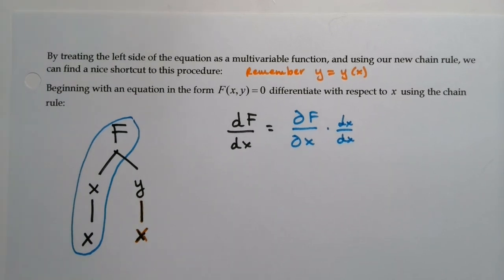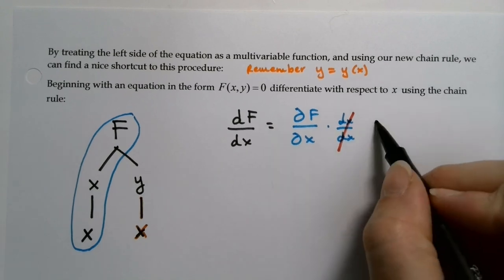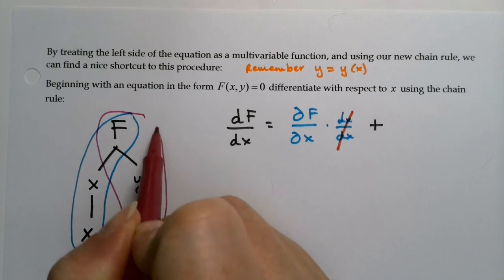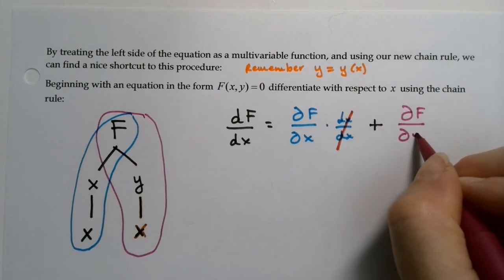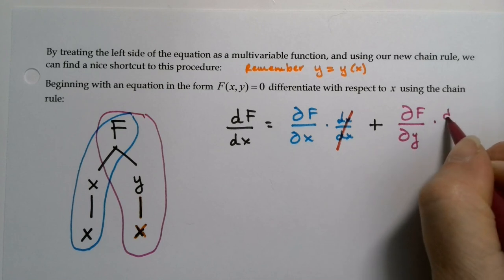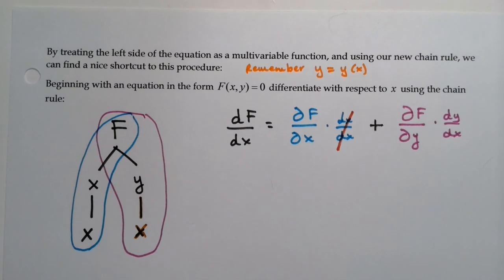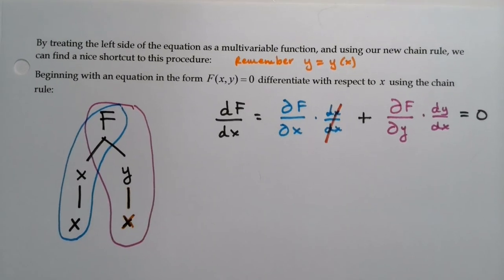We just saw that on the previous page. Dx over dx is 1. It's the kind of thing that's so trivial we don't usually spend a lot of time with it. Then what about the other side? That would be the partial derivative of f with respect to y times dy dx. And of course, if the whole thing is equal to 0, then the derivative just equals 0, because the derivative of 0 is 0, so that's pretty easy.